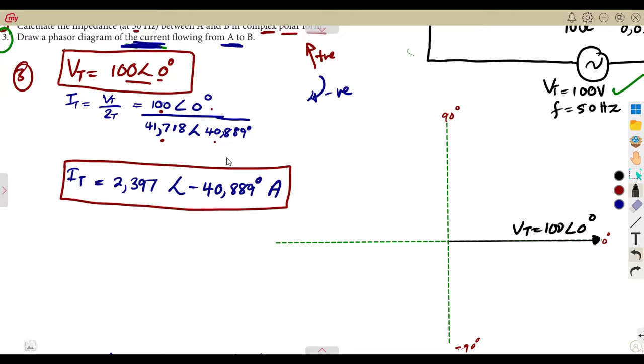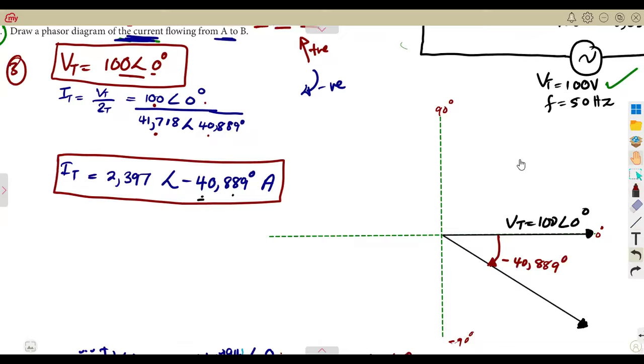Then our total current is having a negative angle, meaning it's going in the clockwise, negative 40,8, which is just below the negative 90. Negative 90, guys, we are going this way. It's minus 1, minus 2, minus 3, minus 4, up to minus 90. So you can see that minus 40 can be just somewhere there. You're just approximating where it can be presented. So, something like this, going in this direction, at minus 40,889 degrees.